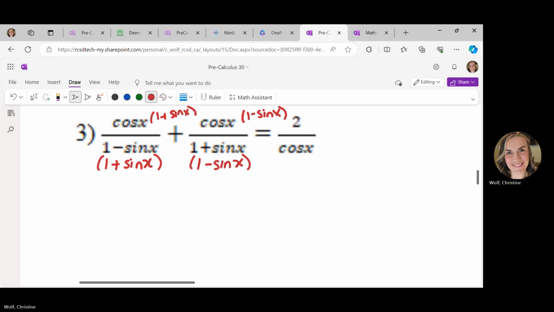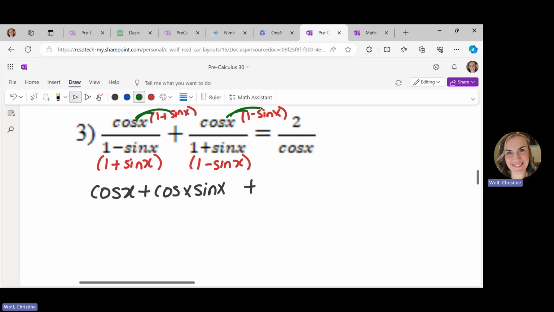All right. Now, up top there, I actually have to distribute that cos into that bracket. So cos x times 1 is just cos x. And then cos x times sine x is just cos x sine x. Then that is added to the next fraction, and I repeat the process.